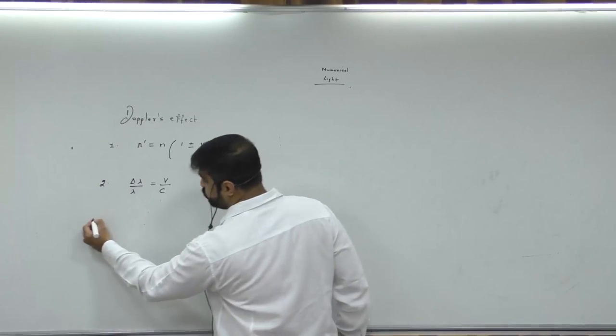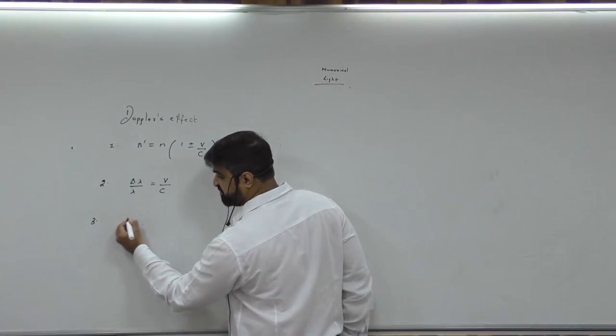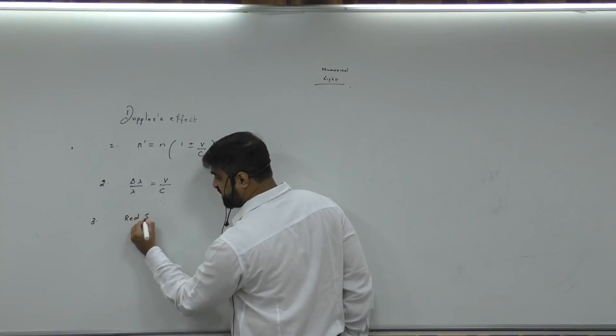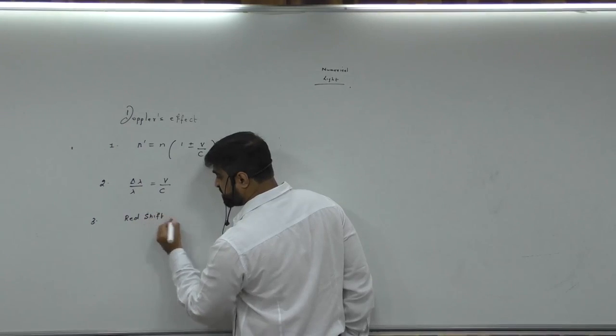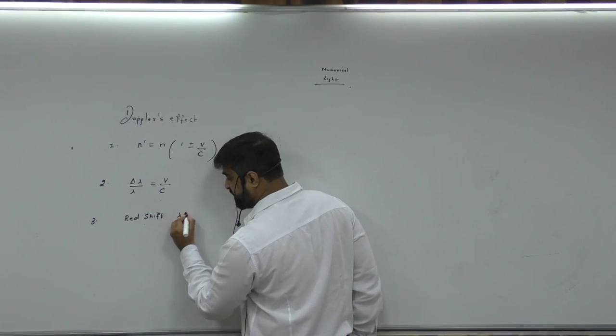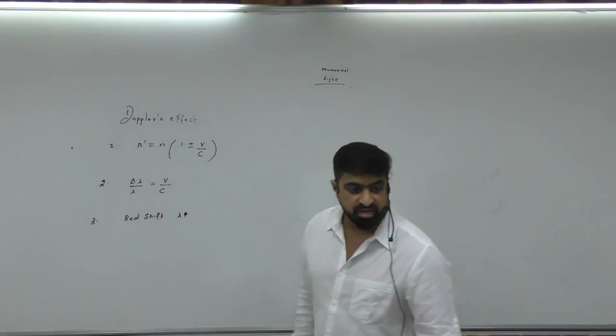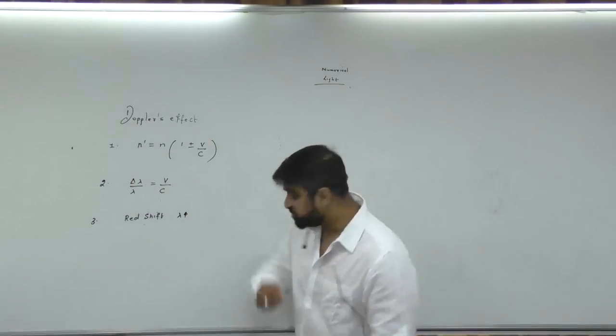अच्छा, इसमें याद है आपको दो शिफ्ट थी. One was red shift, मतलब लैम्बडा बढ़ रहा है. लैम्बडा बढ़ेगा तो फ्रीक्वेंसी कम हो जाएगा.